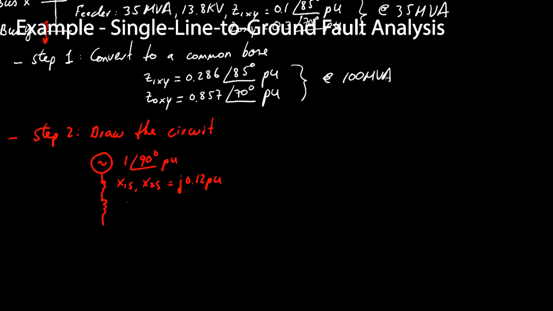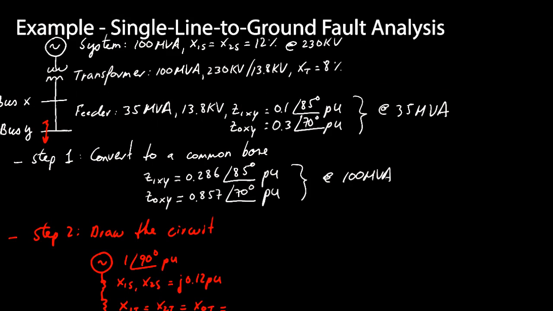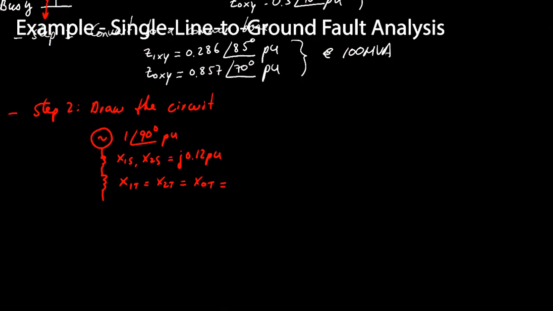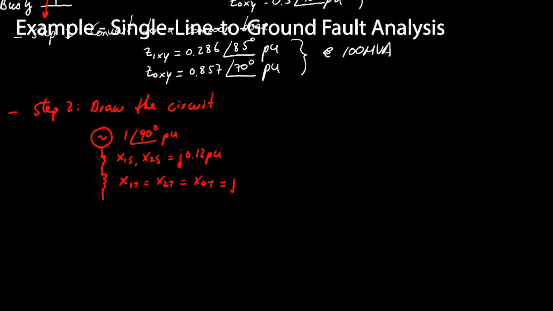We're going to have the transformer impedance over here, and I'm going to call those X1T, X2T and X0T. Again, remember that for a transformer, the positive, negative, and zero sequence impedances are all the same. And we can see from the data that's 8%, so in other words, j0.08 per unit. And then lastly, we're going to have the feeder impedance.